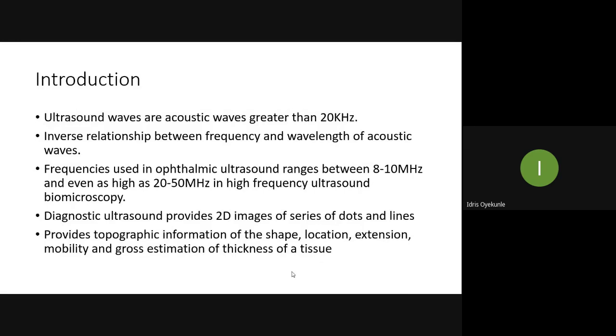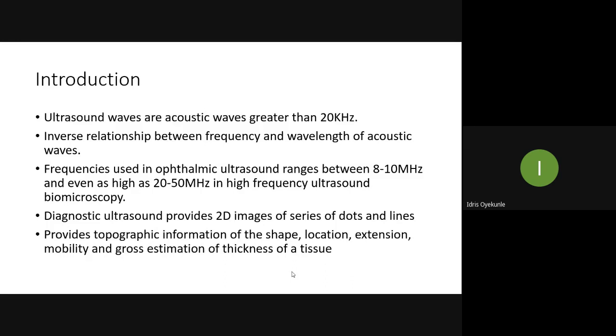Contrary to the use of ultrasound, for example, the abdominopelvic ultrasound, where the frequencies are actually quite lower and they have a longer wavelength and a much deeper tissue penetration to be able to access the deeper organs. And the resolution is poorer compared to the ophthalmic ultrasound resolution.